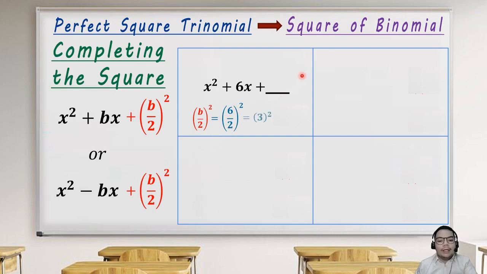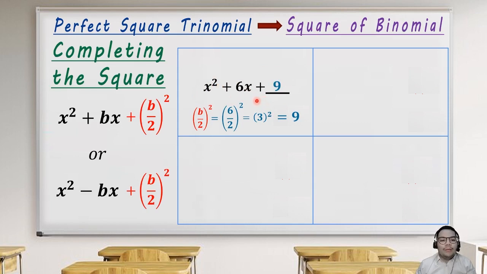And 6 divided by 2 is simply 3. So we square 3, and we have the value equal to 9. That 9 will now be the third term of the equation. So we have the perfect square trinomial x squared plus 6x plus 9.